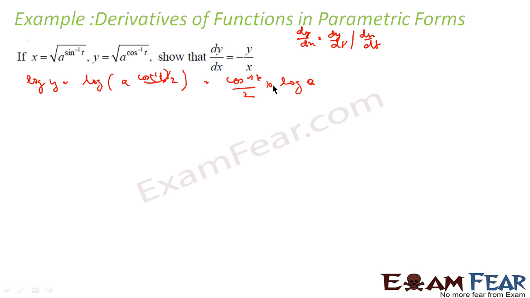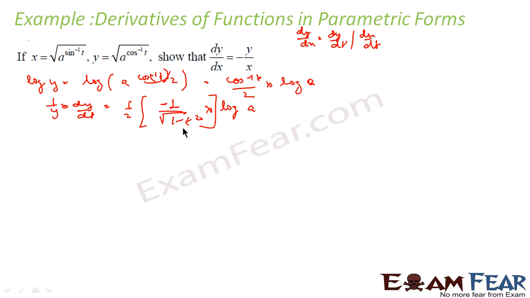1 by 2 cos inverse t log a. I can find dy by dt, that is 1 by y into dy by dt. You see this is u into v form. So first I'll differentiate this. So 1 by 2 is common here anyway. Cos inverse differentiation becomes minus 1 by root 1 minus t square, and log a is constant.